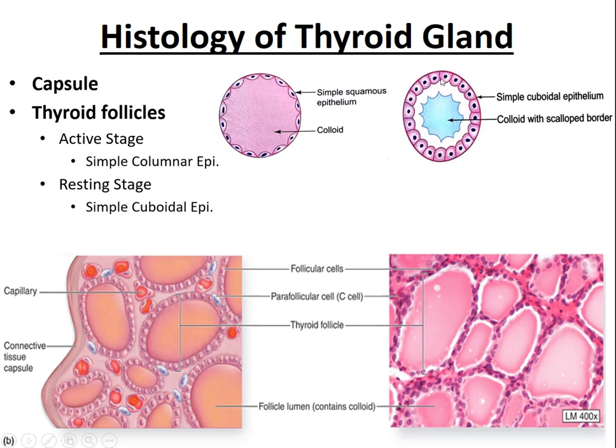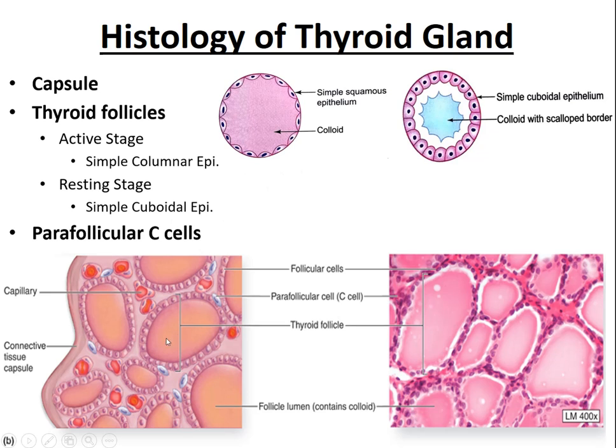But sometimes it is in a resting stage, more colloid material is gathered and compresses the lining epithelium, with no more secretory activity, so it is simple squamous to simple cuboidal epithelium.